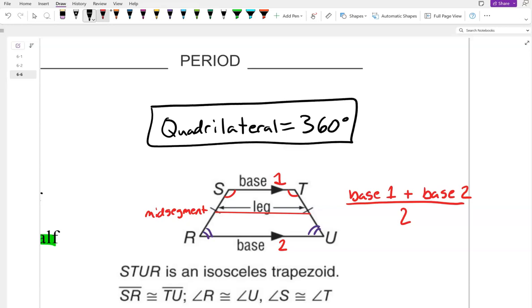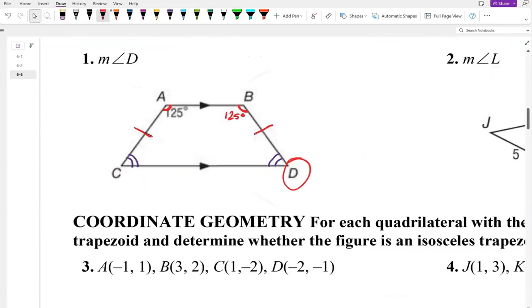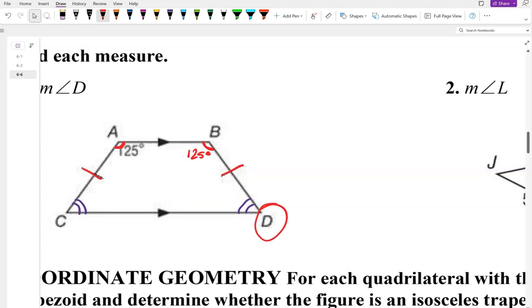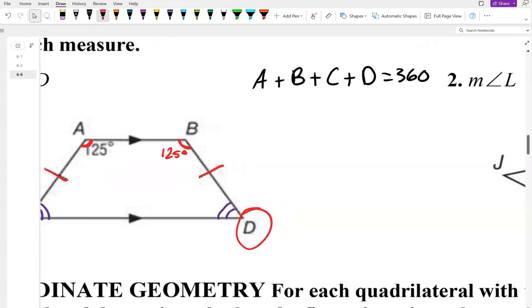So that's something you'll need to know, because there's a few questions on your assignment where you're solving for an angle and it's 360. So since I know that it equals 360, that means that all four angles add up to 360. So I could say something like angle A plus B plus C plus D equals 360. Right? That's just saying all four angles add up to 360.